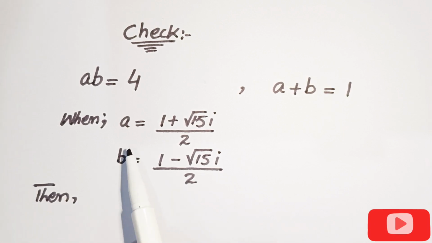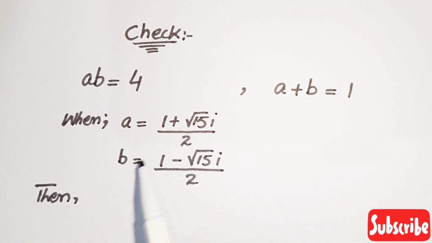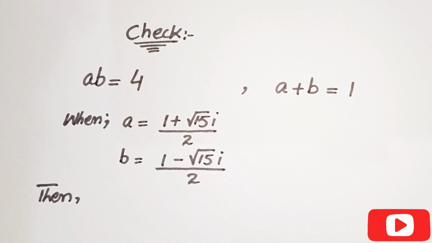So here when we put the first pair of values, a is equal to this one and b is equal to this one, you can use any pair of values to verify this result.